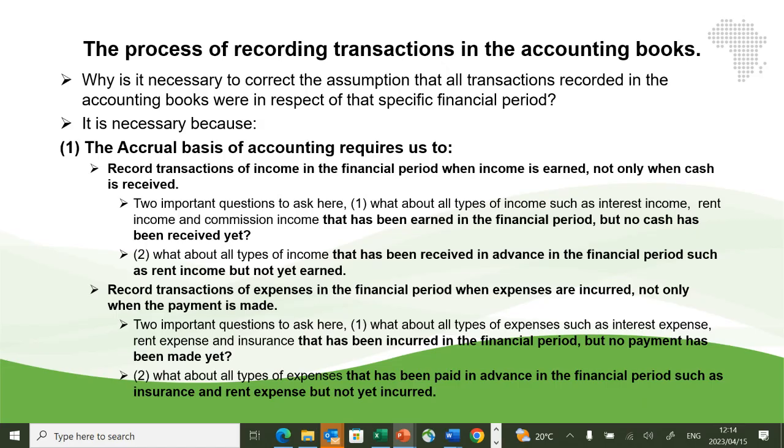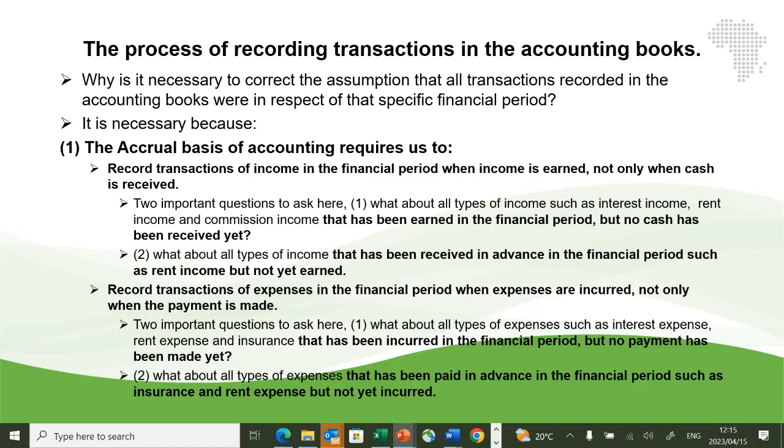To incur an expense, let's make an example of water and electricity. If you have used water and electricity in your business for the whole year, maybe you haven't paid for that water and electricity, but you have incurred that cost. You have made use of that water and electricity. So the only thing outstanding is for you to pay. The cost has been incurred. There is no way of reversing the water and electricity that you have used.